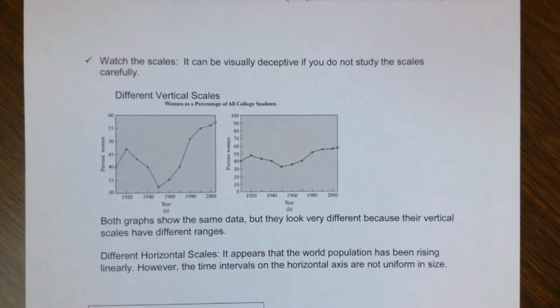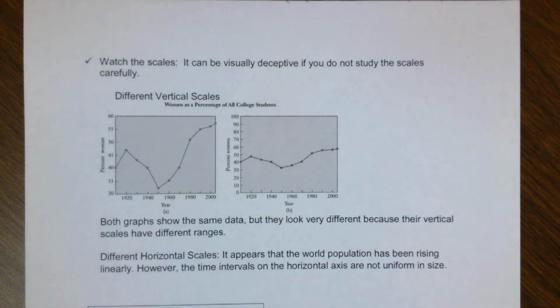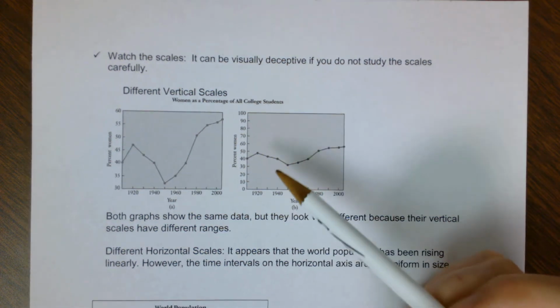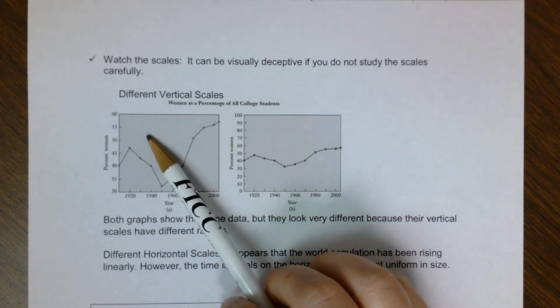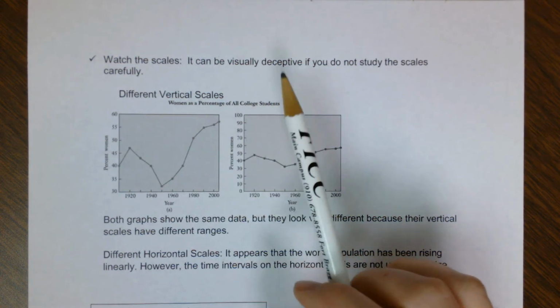Okay, another type of perceptual distortion is actually scale distortion. So sometimes the way they decide to show the scales is going to make the graph look either a lot better or a lot worse. So for vertical scales, let's look at women as a percentage of all college students.